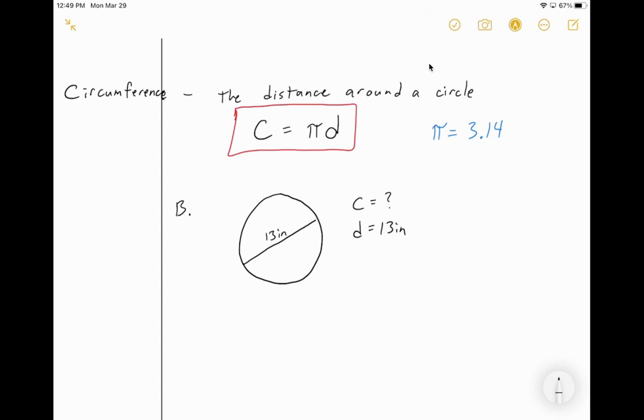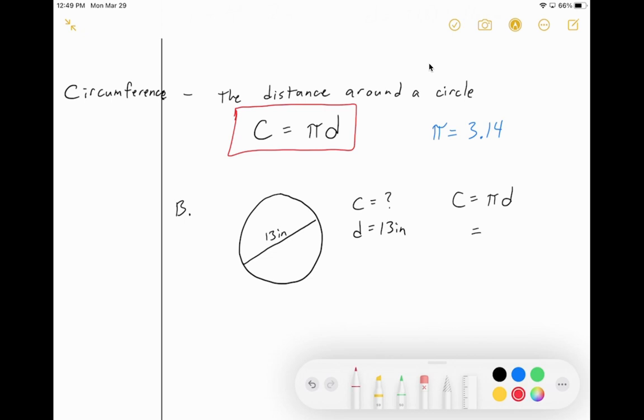We're going to use the formula C is equal to pi times diameter. Then we just plug in the numbers. So C is equal to, instead of pi, I'm going to put 3.14, and instead of d, I'm going to put 13.